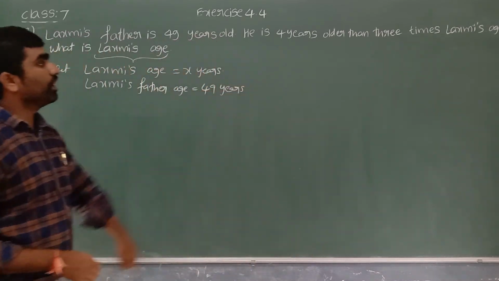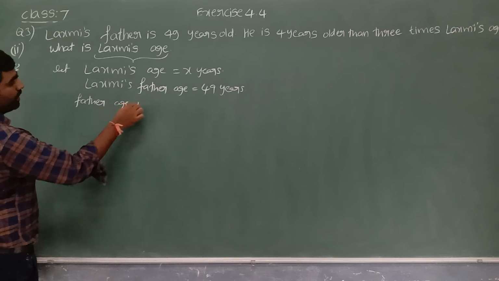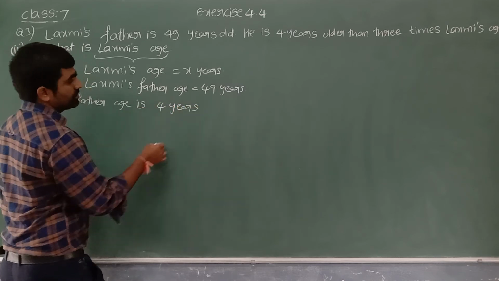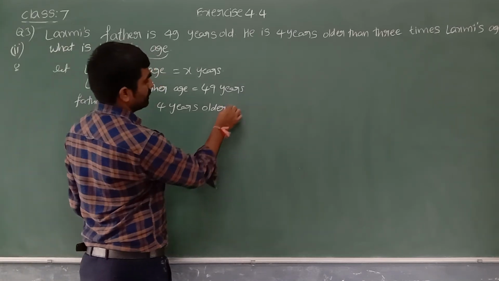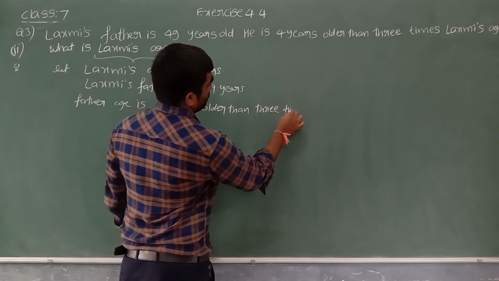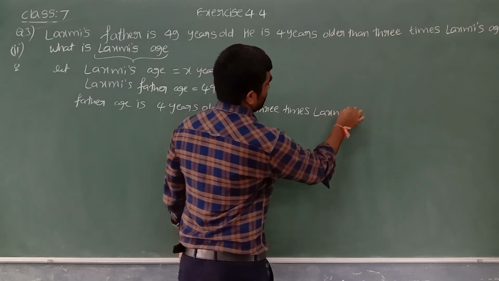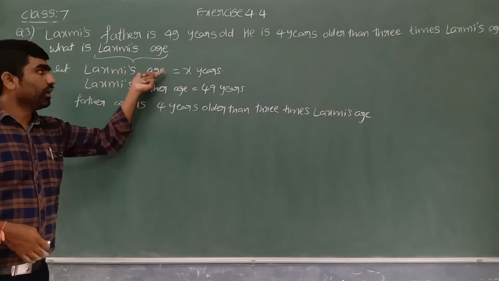Father's age is 4 years older than 3 times Lakshmi's age. So he gave the relation between the known value and the unknown value.